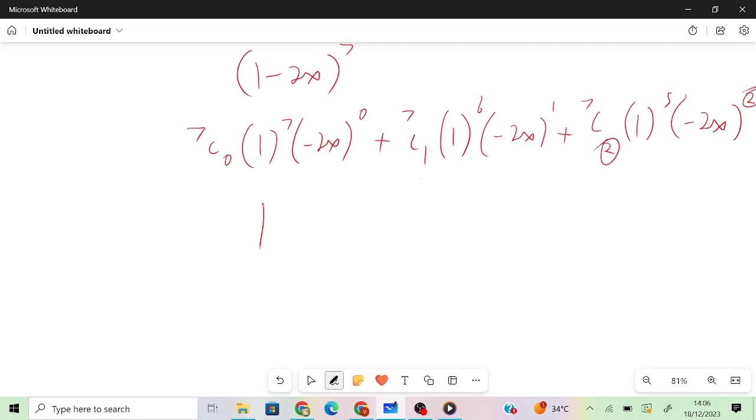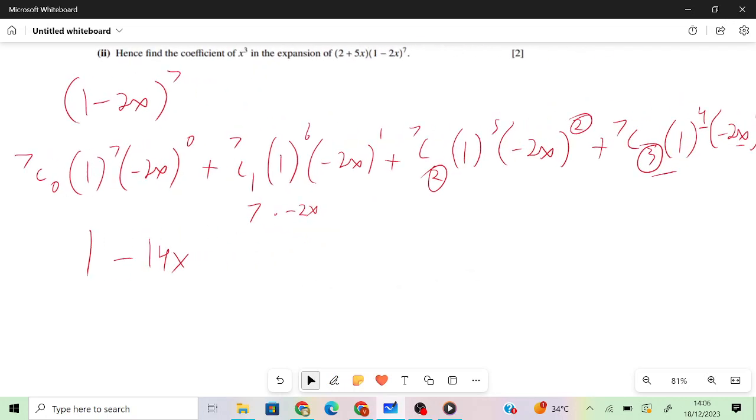7 combination 1 is 7 times minus 2x, that's minus 14x, so you have 1 minus 14x. The next one, we have 7 combination 2. 7 combination 2 is, if I'm not wrong, 21. Let me just confirm real quick. 7 combination 2, yeah, 21 times 1 times minus 2x all squared, that's 4x squared.